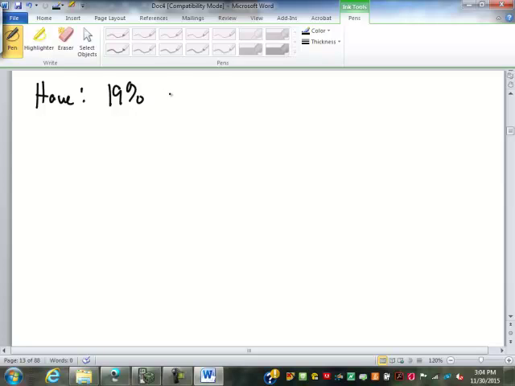Let's see, we have a 19% solution and 35%. We need 31%.